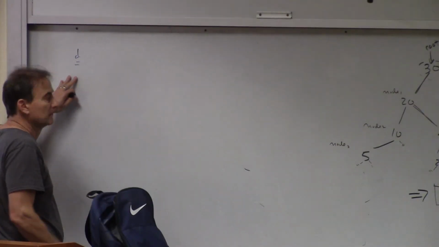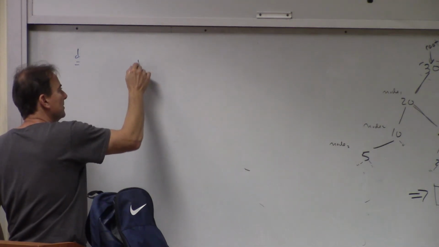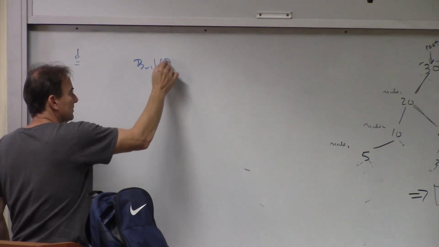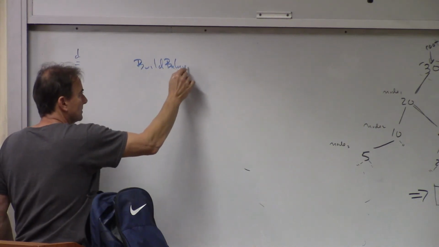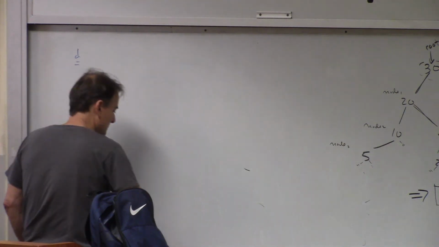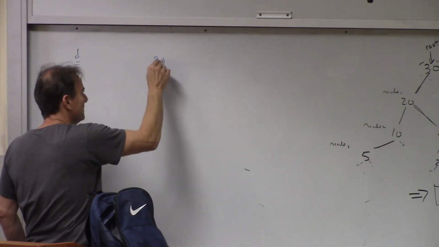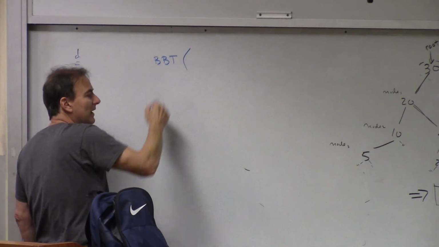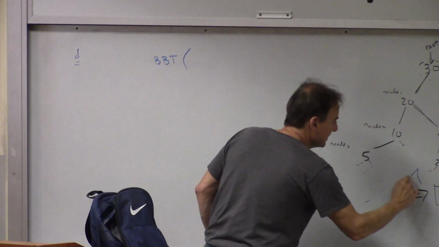Empty tree. And so now we're going to have this build balanced. That's too many words. BB. Build balanced tree. BBT. Okay, and the array, we're going to call this array A.